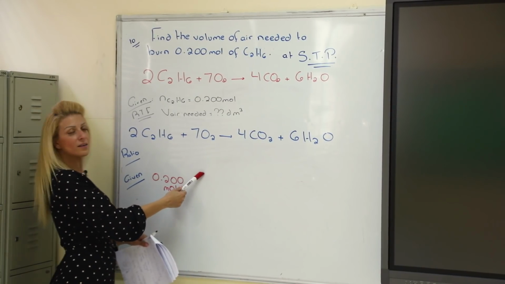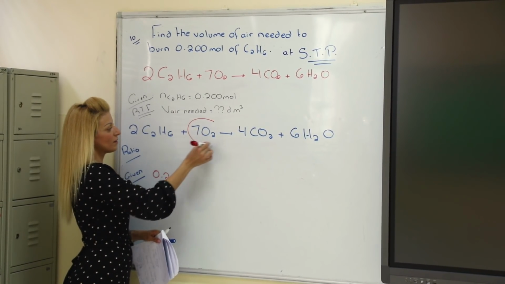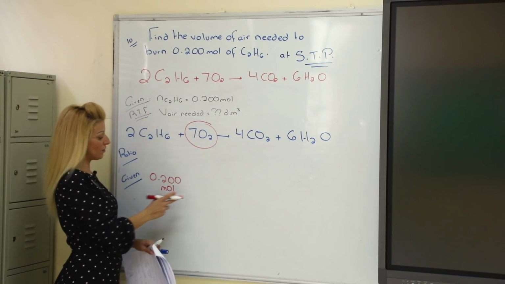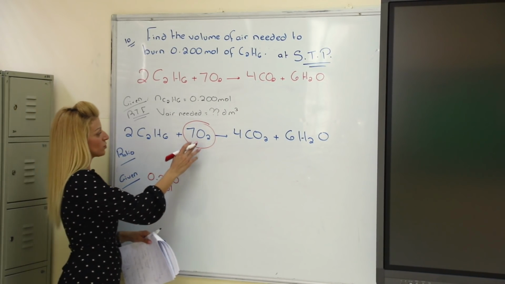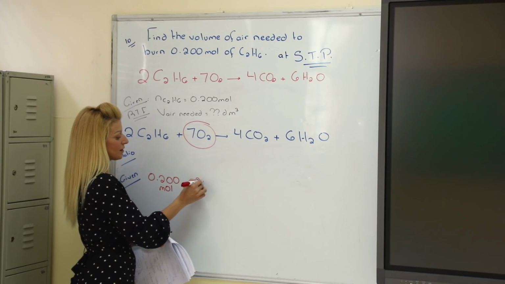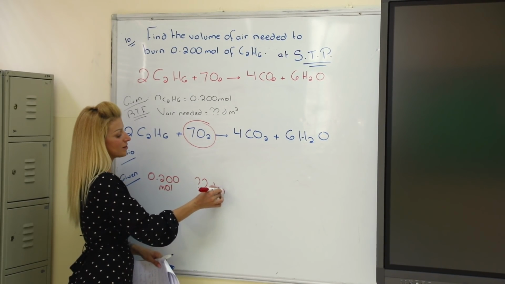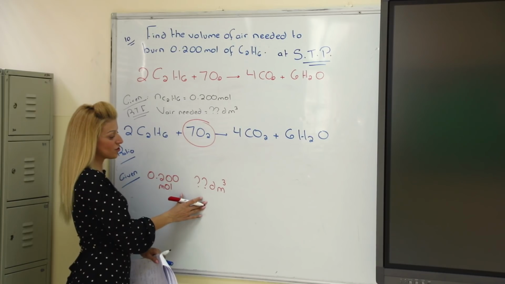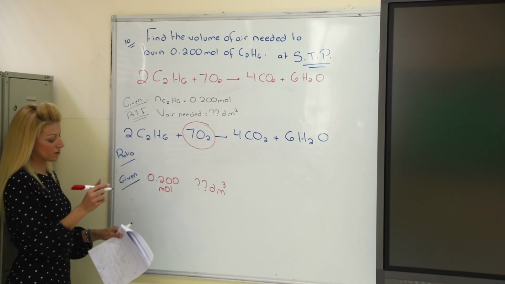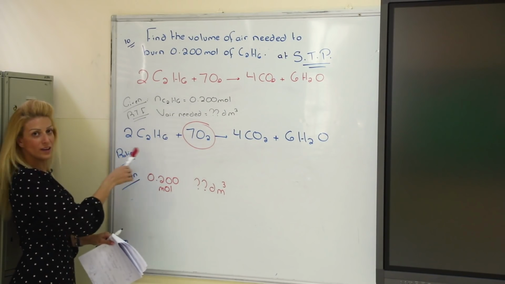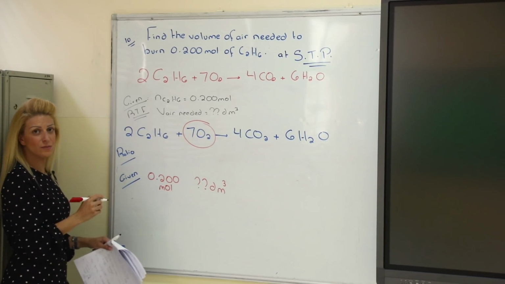We do not have air in the equation, but we need to get the volume of oxygen needed to burn this many moles before we can get the volume of air. So under oxygen, I will write question mark, how many deciliter cubed of oxygen is needed to burn this many moles of C2H6. So I go to my equation and I write the ratio in the same units.